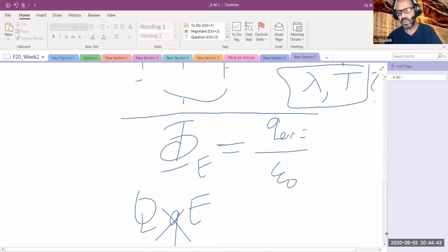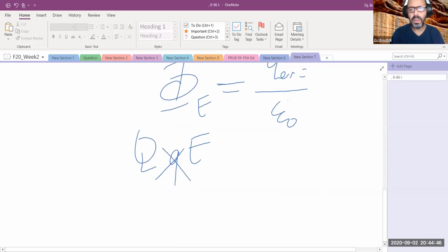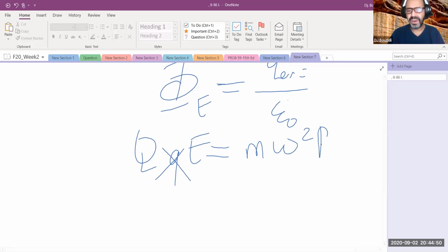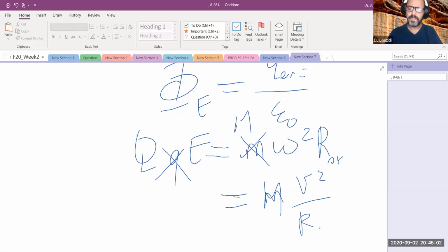This is equal to mv squared over r, or equal to m omega squared times r orbit. Okay, you guys remember this law from physics 1, which is also mv squared, and m is actually big M too, which is big M times v squared over r. Do you remember this law in a centripetal motion?